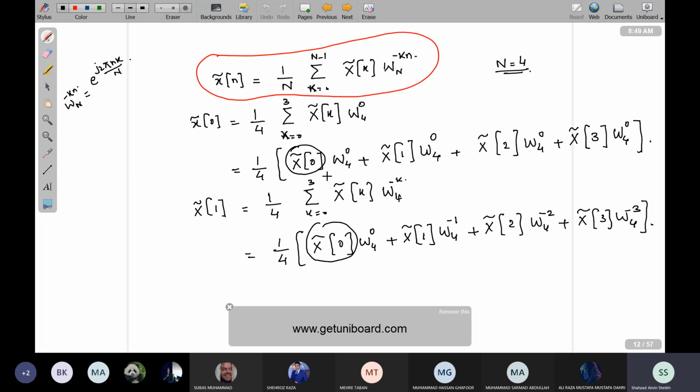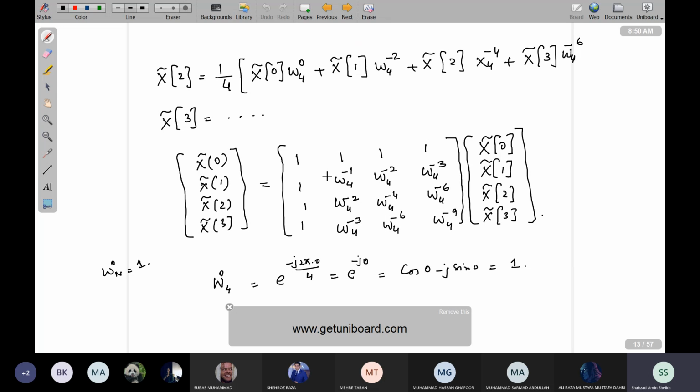And similarly, we have done this for x tilde of 1, x tilde of 2, and we approached this representation, that we can represent the samples of x tilde of n in this vector notation, and these ones are shown here because W_4 to the 0 is actually there, but W_4 to the 0 is equal to exponential minus j0, and that's equal to 1.